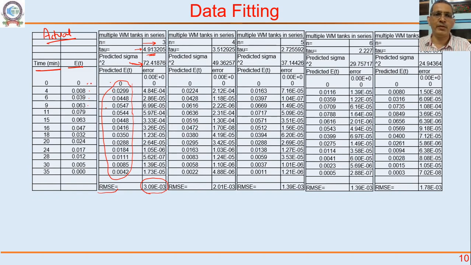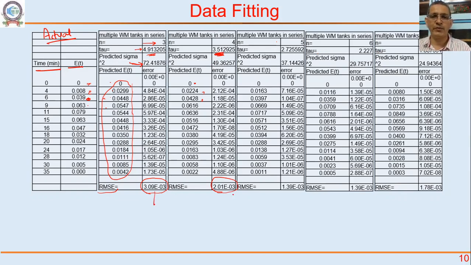Minimize the error between this value and this value, between this and this. These are the sum of the squares of the error. Minimize this error by varying this tau I. Same way do for 5 tanks, 6 tanks, 7 tanks, and you will compare these different errors now.